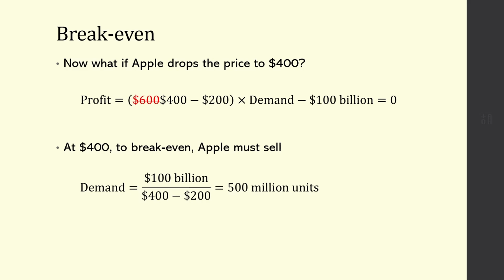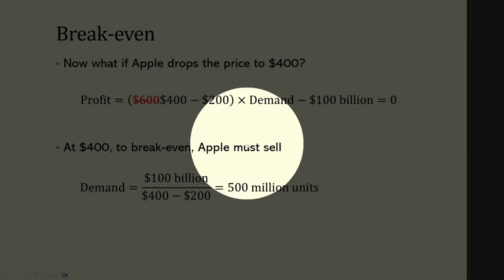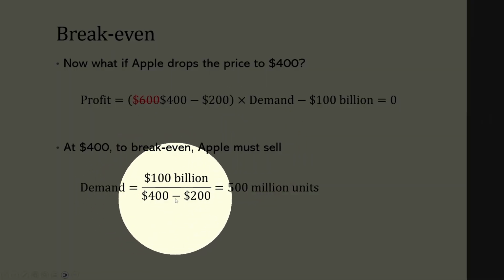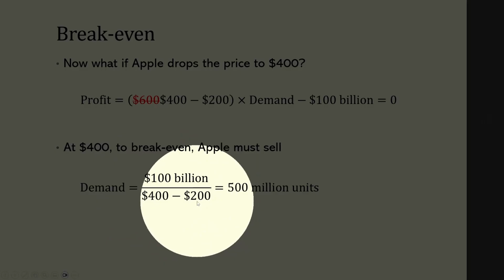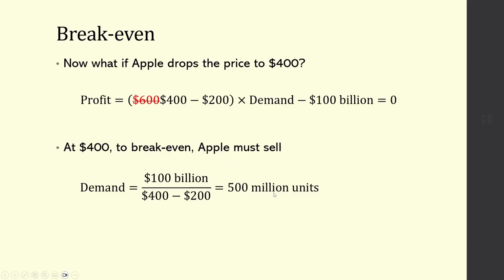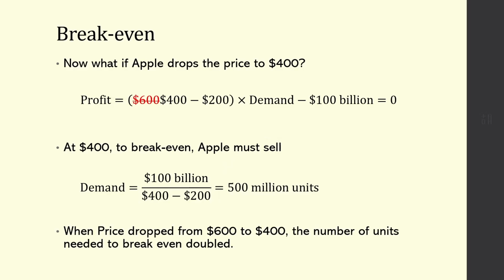Apple must sell $100 billion, the same fixed cost, divided by 400 minus $200. Apple must sell 500 million units in order to break even. In other words, when Apple dropped the price from $600 to $400, the number of units needed to break even doubled.